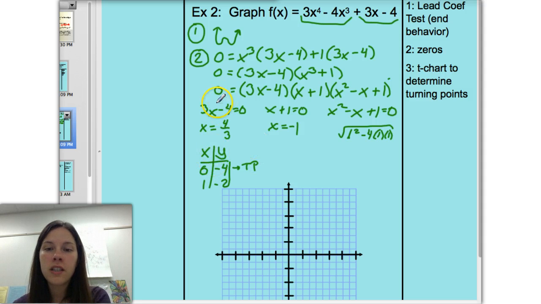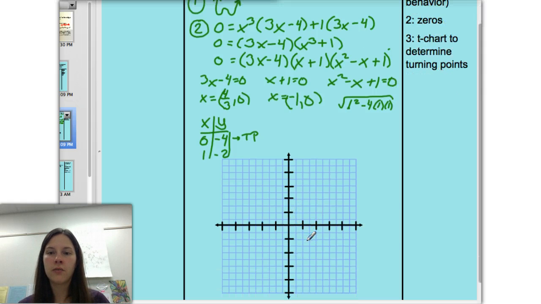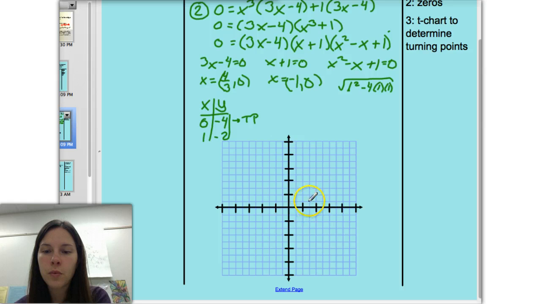So plotting all of these pieces of information, and I just realized I forgot to write these as ordered pairs for you, so I'm going to do that quickly. 0 for y. We get 4/3, 0, so I'm going to try and plot. I'm going to count each of these as 1 since my values here are all within 5. So here's 1 1/3, it'll be a little bit more. Here we've got -1, 0.